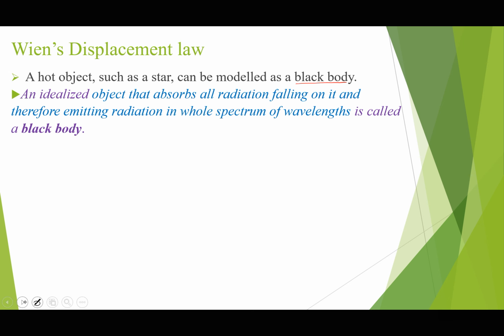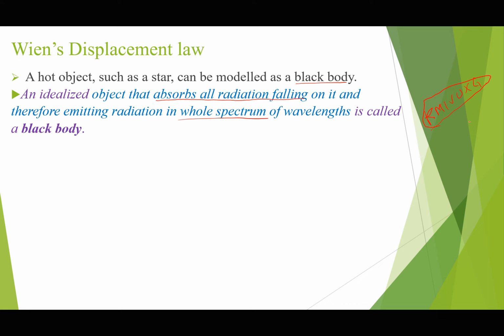So, an idealized object that absorbs all wavelengths of radiations falling on it, and therefore emits radiations in a whole spectrum. When we talk about a whole spectrum, we are referring to all electromagnetic waves, so radiations in all these regions of the electromagnetic spectrum can be emitted by a black body.